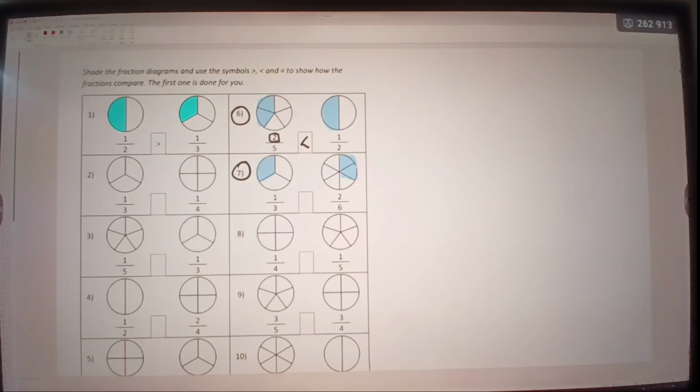So in order to compare it properly, you shade the same region so you can figure out. So 2/6 is this much, 1/3 is this much. So when you look at these two fractions, you can see both have same region. So 1/3 and 2/6 both have same region. So both are equal. So remaining question you can do on your own.